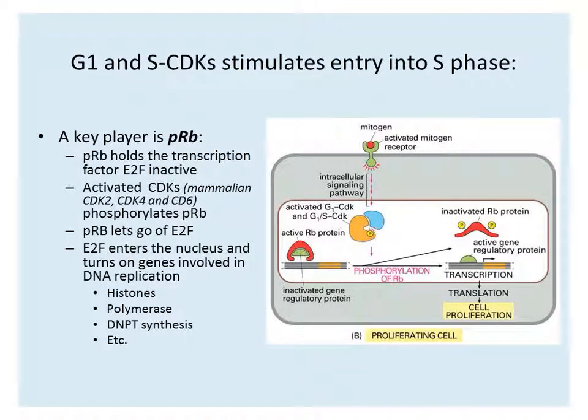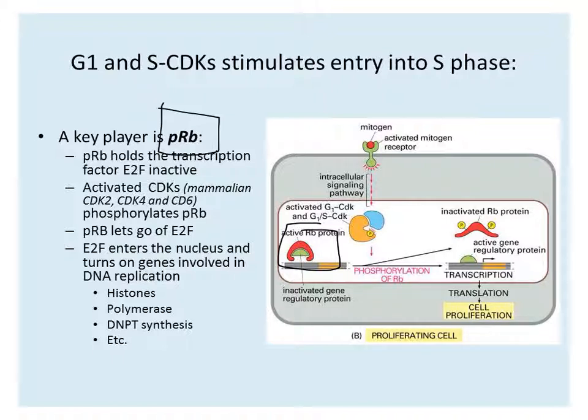So after looking at these CDKs, and specifically the G1/S CDKs that are important for stimulation of S phase, researchers found different targets that these CDKs interact with that allow progression into the next phase. One important target of the G1/S CDKs is pRB. pRB normally inactivates an important protein called E2F, which is shown here in green.